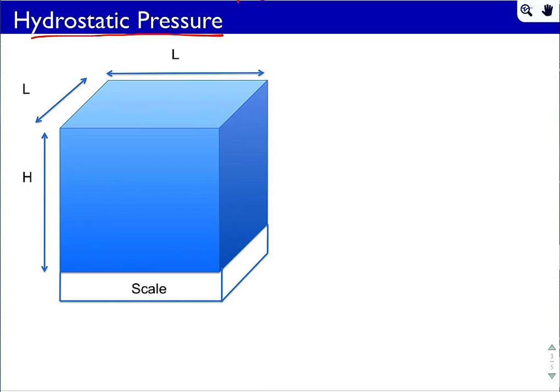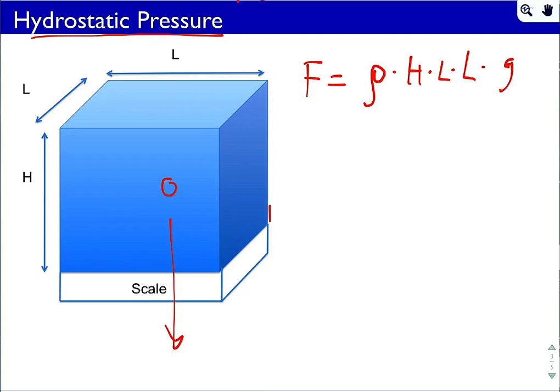So again, we have a block of water sitting here. Gravity's pulling down on this block of water onto the scale. And the force that it's pulling down with is going to be equal to the mass of that block, which is the density of the fluid, times the volume of the block, H times L times L, times G, the gravitational constant.